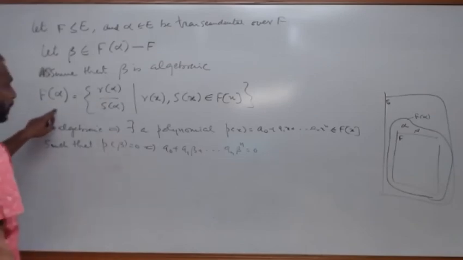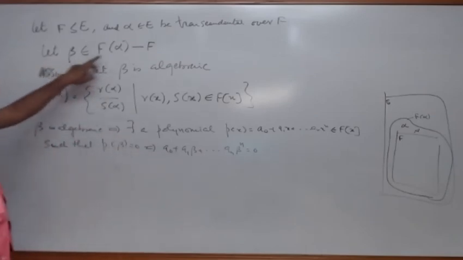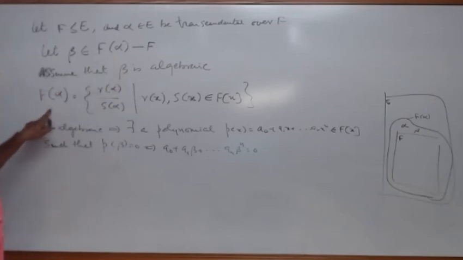What is beta? Beta is an element in F of alpha, so it can be written like this.